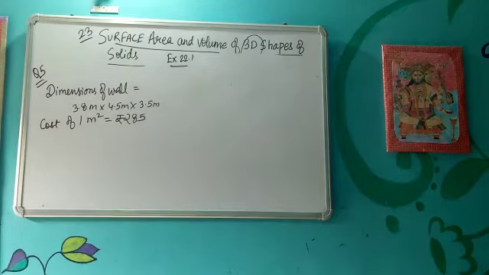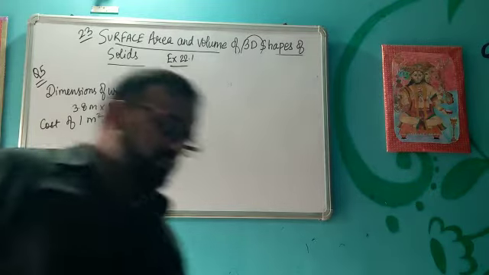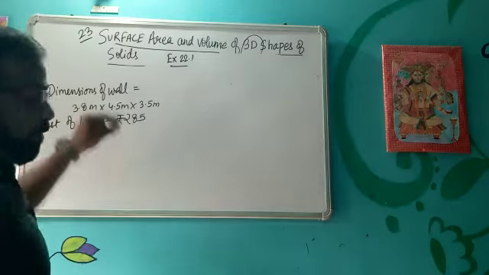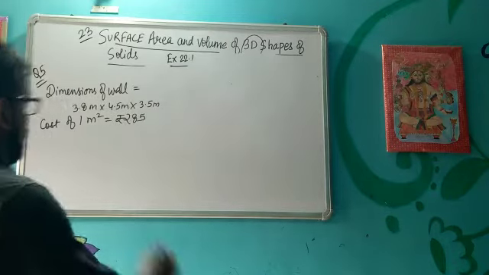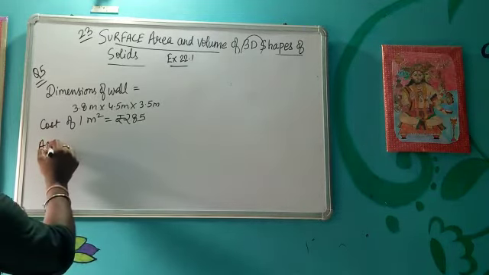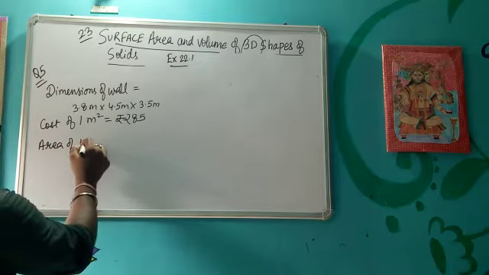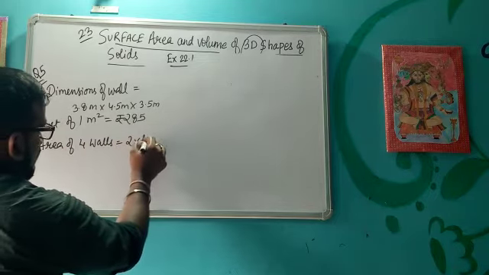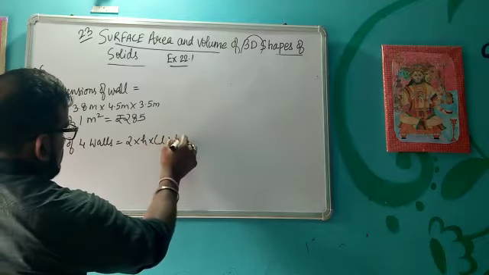We have to calculate the cost of paneling the 4 walls of the room. So 4 walls of the room means we have to calculate the area of 4 walls. That is 2 into h into L plus B.